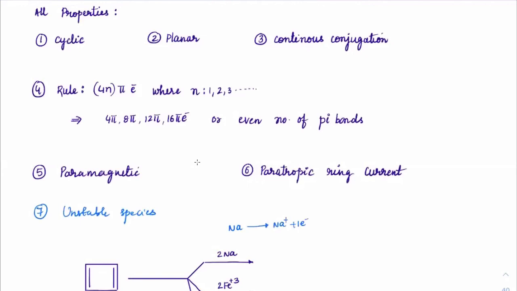So if I add sodium to this cyclobutadiene solution, what would happen? Immediately it will accept 2 electrons and convert itself into this form. It will convert into the dianion and 2 Na plus. Okay, this is what it converts into.